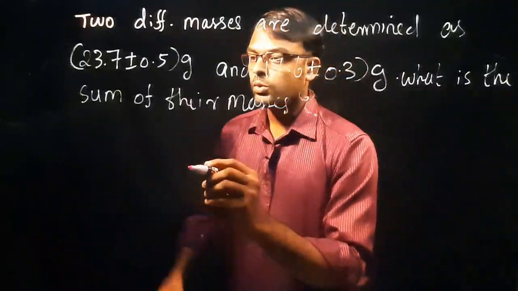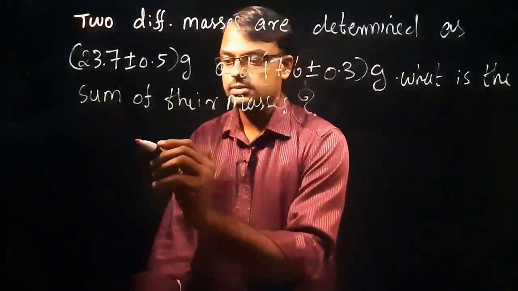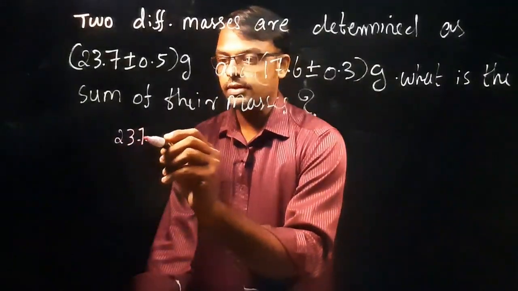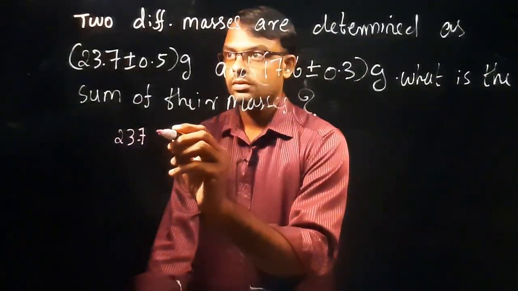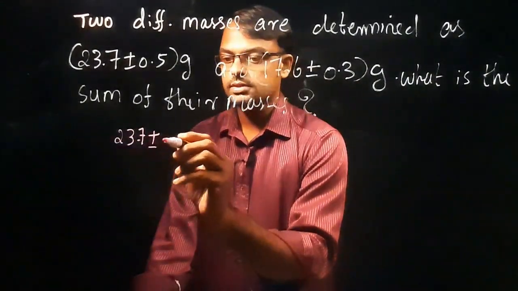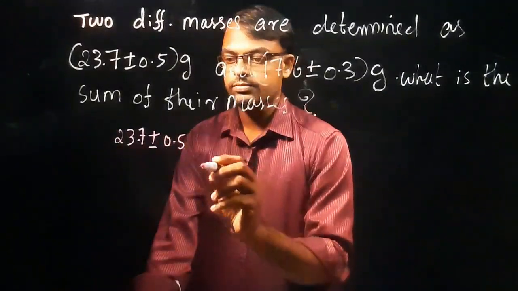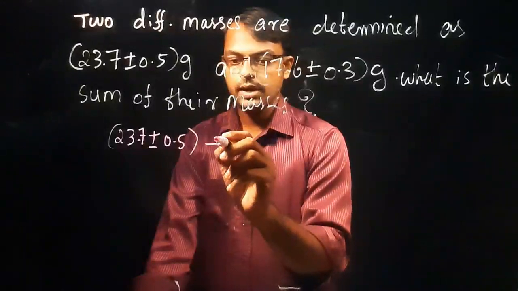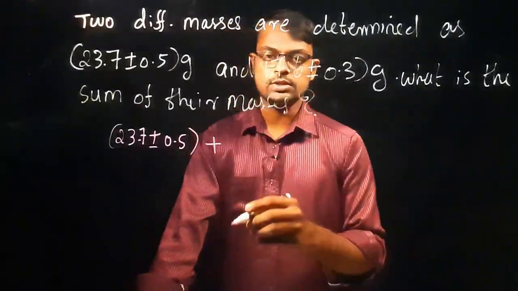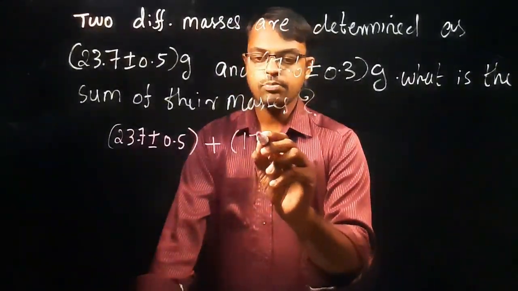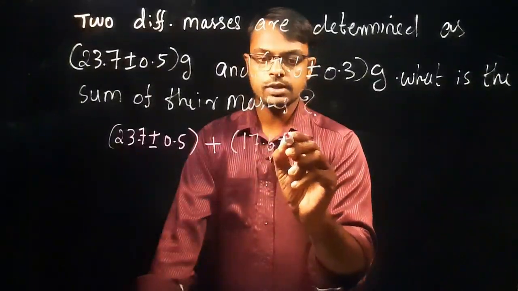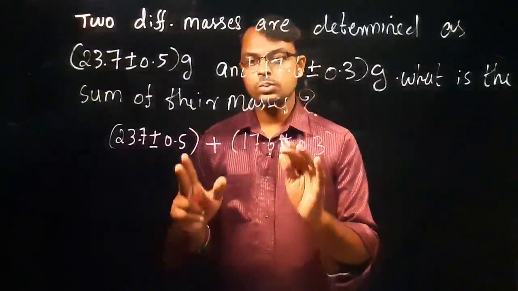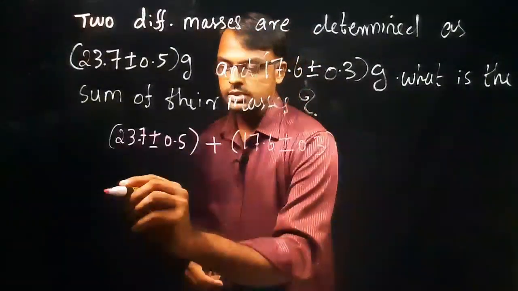You are now going to add these two quantities. So I can write here 23.7 plus or minus 0.5, I can put in bracket, plus we are going to add these two masses, 17.6 plus or minus 0.3. So how to add this one? What is the total mass here?